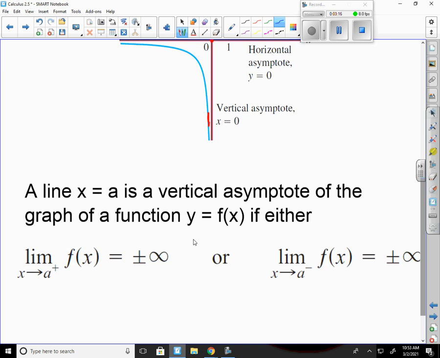So as soon as I find my limit and I find that it's either positive or negative infinity, as x approaches some number, either from the right or left, I know that that's where there's a vertical asymptote.